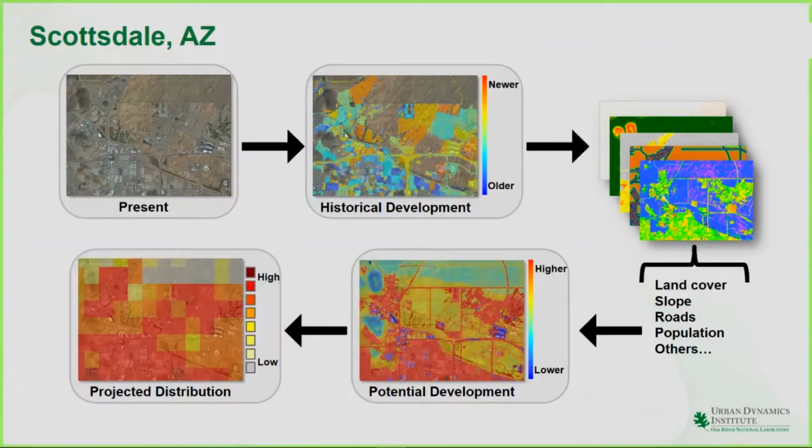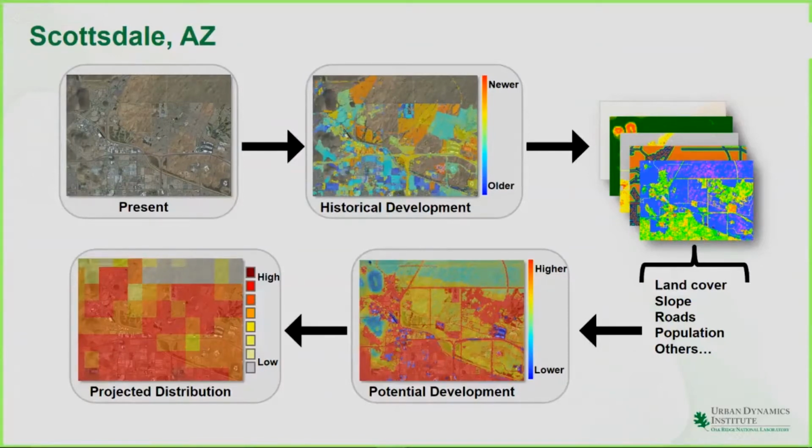And then once we had all that data, we then merged it all together to create this potential development surface. So looking at the future, the bright areas in this case are more likely to become developed. Again, more likely to become developed is still dependent on the amount of population growth that is going to occur, which is two separate details of this modeling, the spatial aspect versus the population aspect.